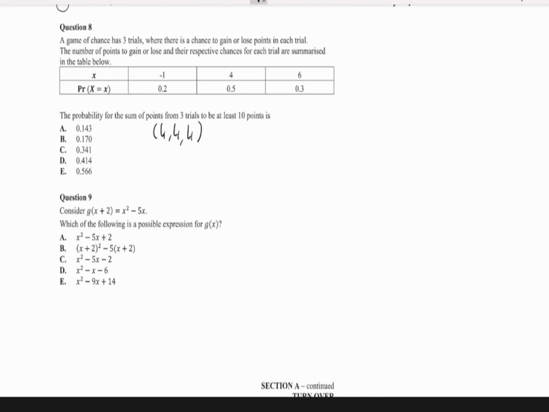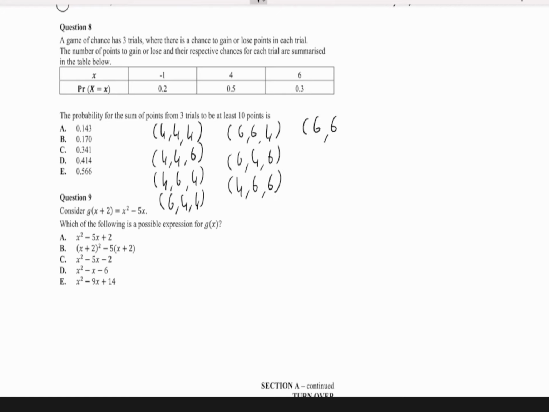So I got 4 3 times, 446, 464, then 644, and then 664, 646, then 466, and 666, and all of these possibilities, they all add up to numbers over 10.